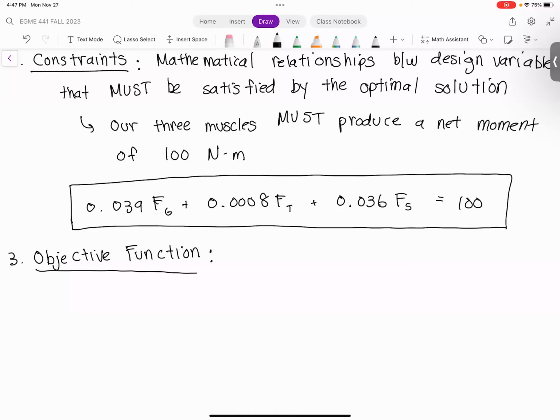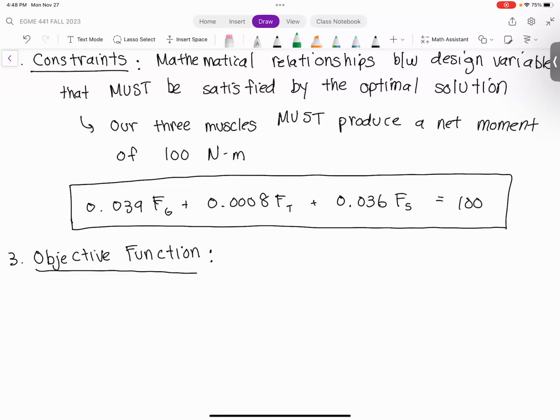All right. So the purpose of the objective function is basically to give us a way to differentiate what are some good solutions and bad solutions. Okay. And to understand the purpose of the objective function, it helps to think about what an optimization algorithm is going to do. Essentially, an optimization algorithm is basically going to be like an educated guess and check.